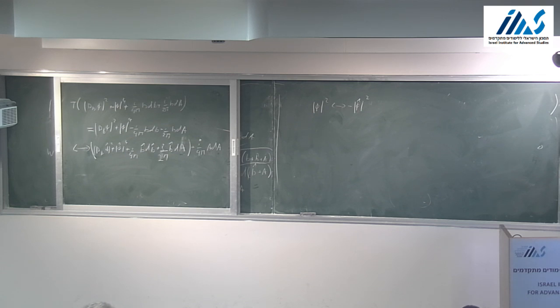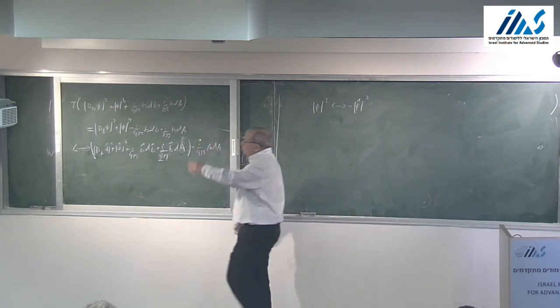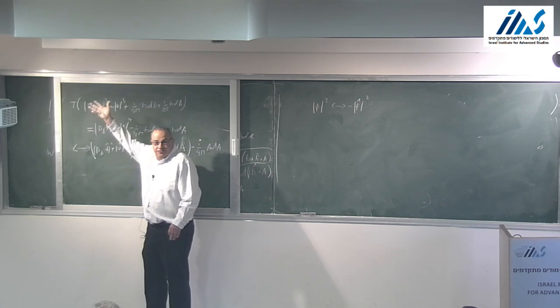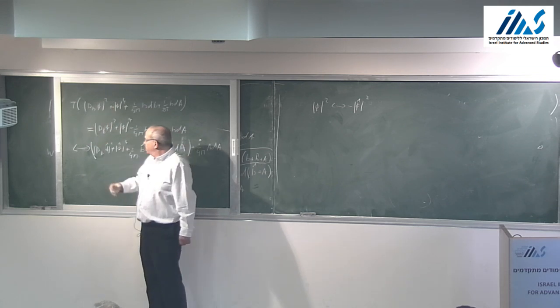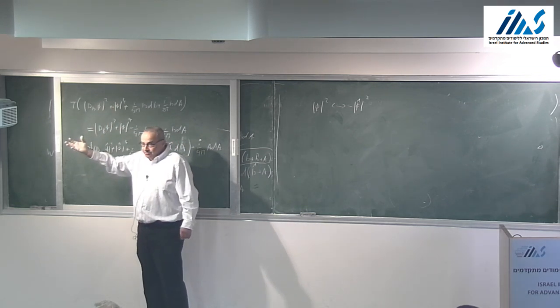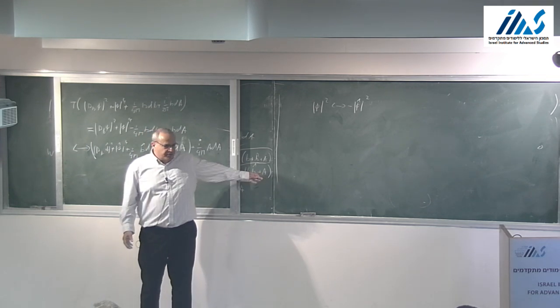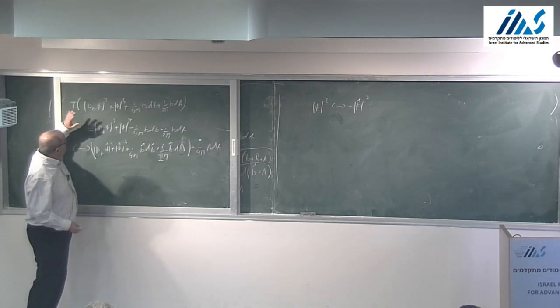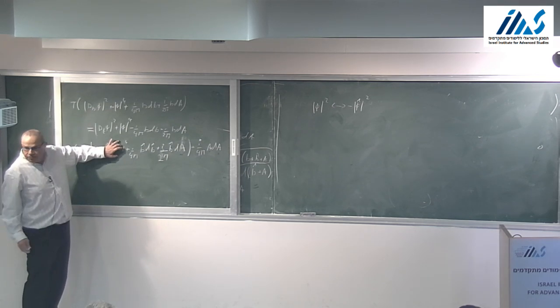This term is surprising because in the original problem, it was time reversal even. Now we broke time reversal, the naive UV time reversal, explicitly by the terms that we added. And if I just look at the infrared, I told you that time reversal maps phi to phi-hat, maps these degrees of freedom to these degrees of freedom.